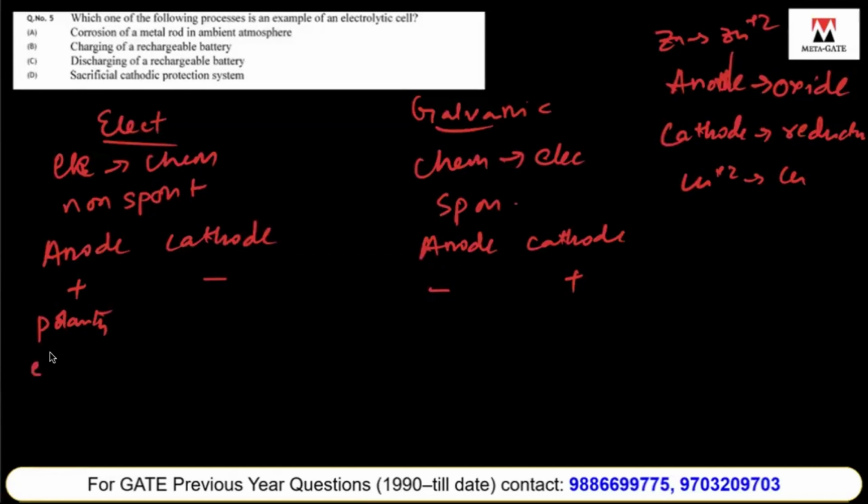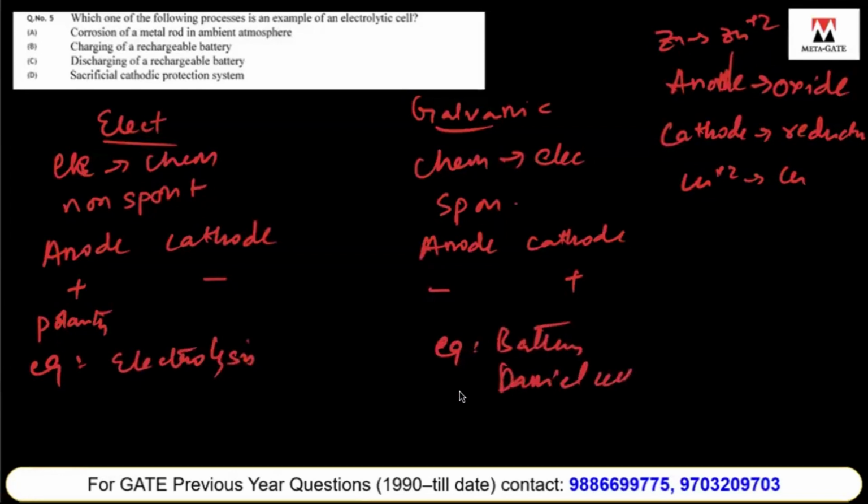The example for this is electrolysis, splitting of water. Examples for galvanic cells are batteries, the Daniel cell. These are the fundamental differences. So the electrolytic cell example will be the charging of a rechargeable battery.